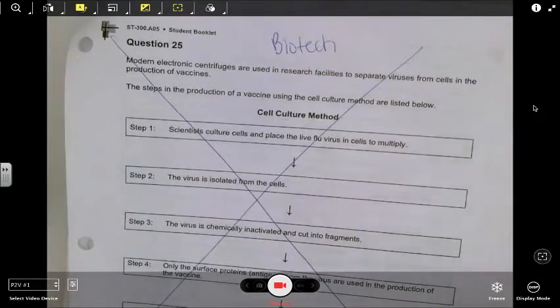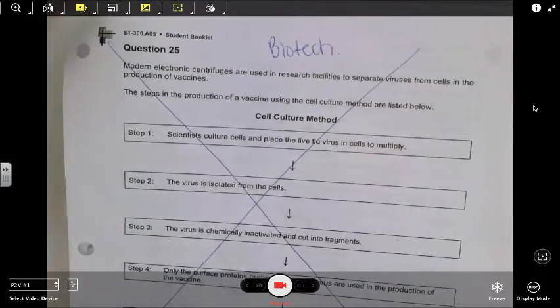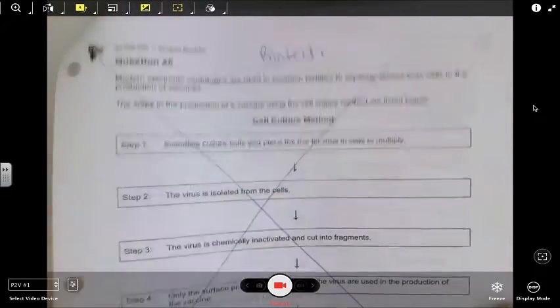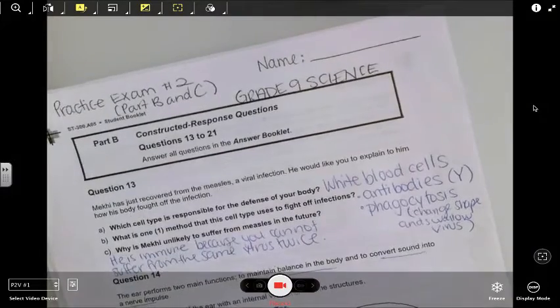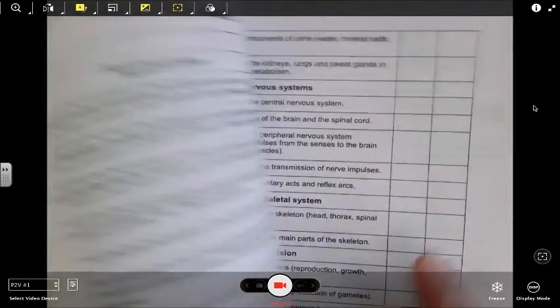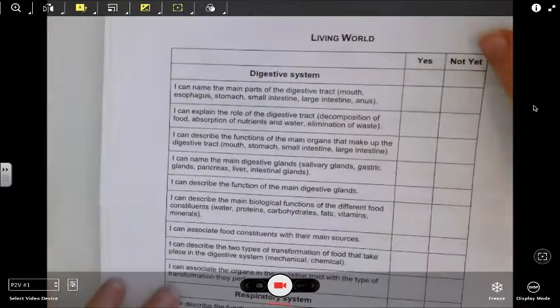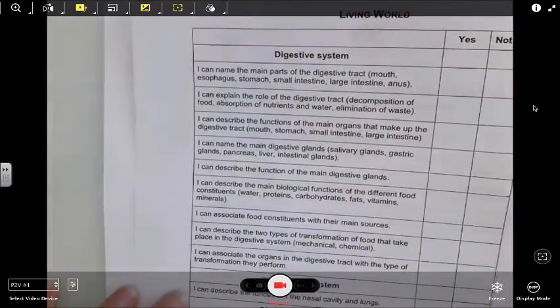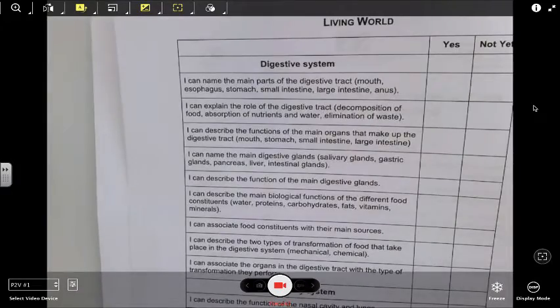We had already done a previous video going over part A of this exam, so I'll stop this, but I will answer checklist questions. So feel free, I'm going to scroll up in the list here. Okay, so you guys have your checklist. I feel like we're mostly okay for Living World. I could do a live stream where I actually go through the whole checklist at some point if you guys would like.